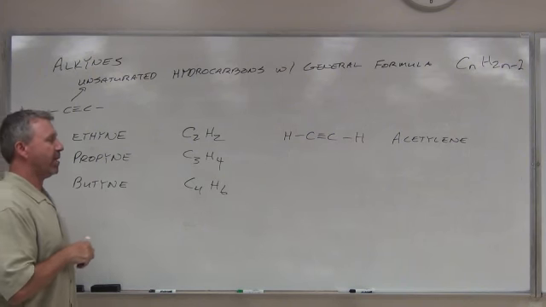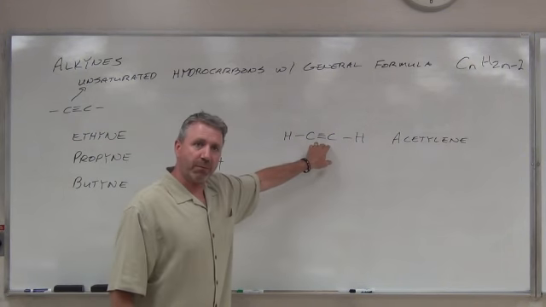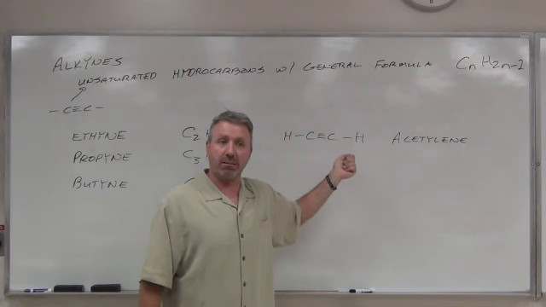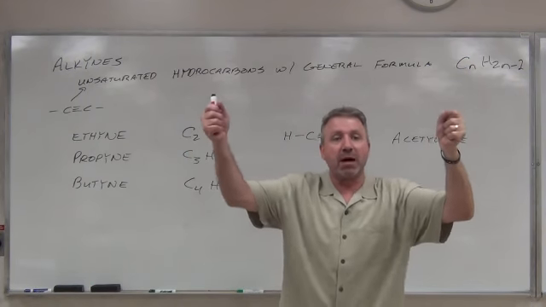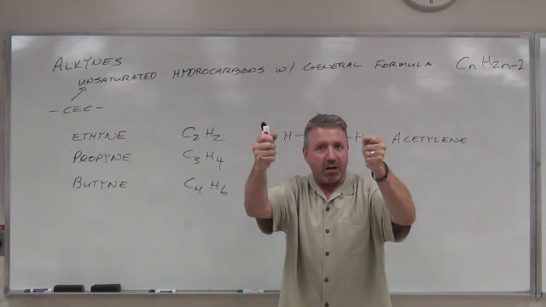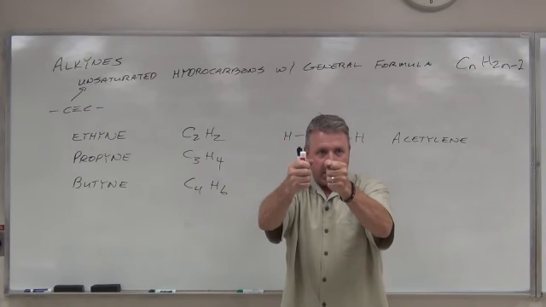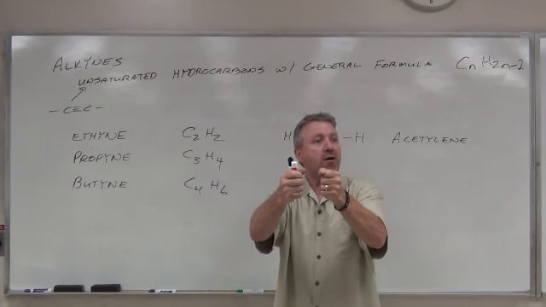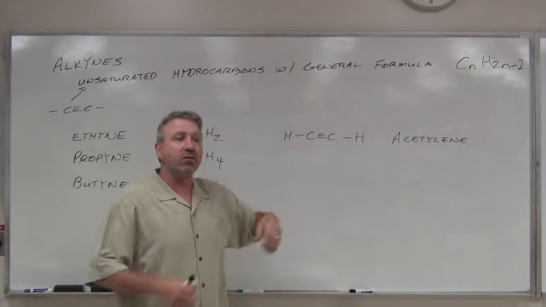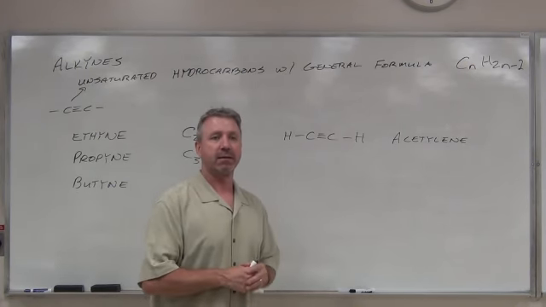Okay? The carbon-carbon triple bond is the shortest and strongest of all the carbon-carbon bonds. The carbon-carbon single is the biggest, the carbon-carbon double is smaller and stronger, and the carbon-carbon triple is the smallest and strongest of all. So when you break that triple bond, you get all that energy back.